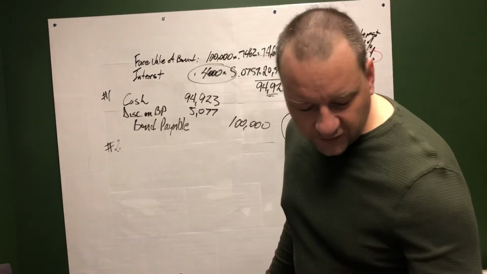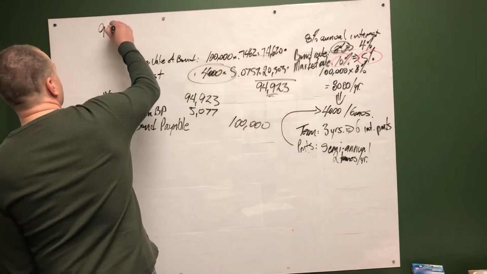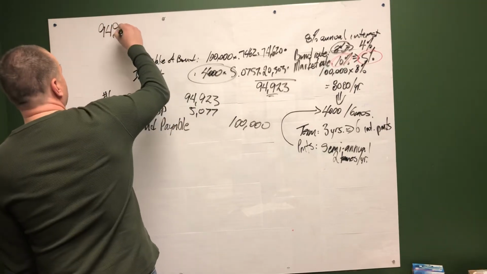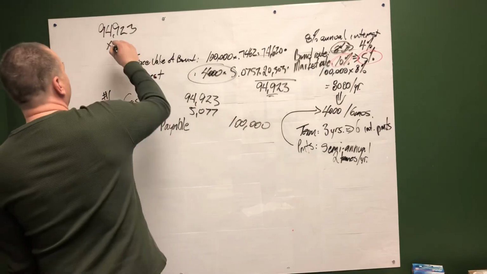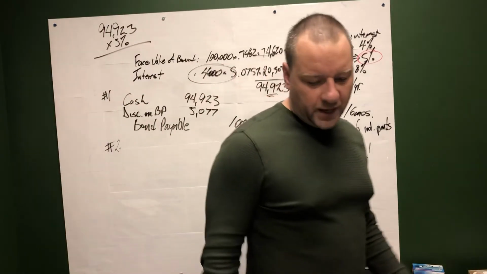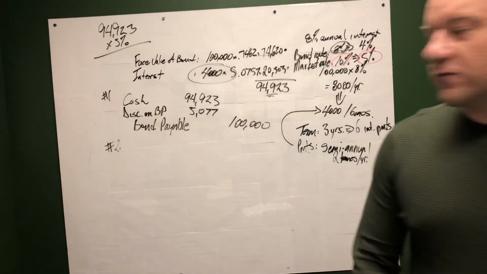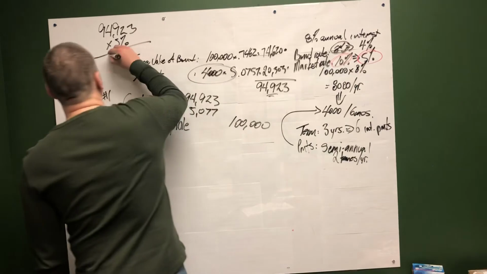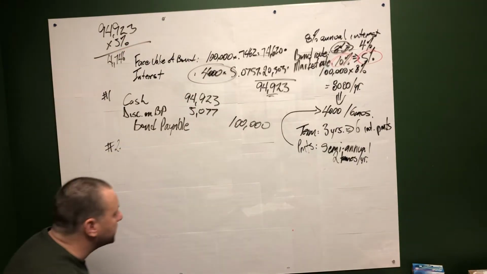The interest expense is going to be $94,923 times the semi-annual market rate of 5%. That is going to give us $4,746. So what's my journal entry?